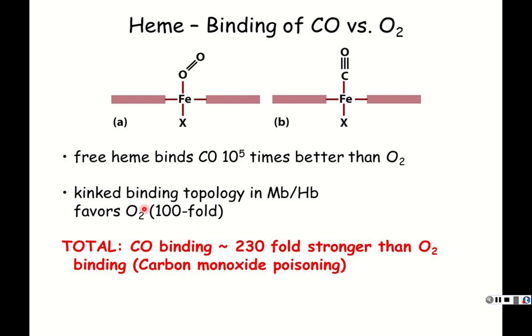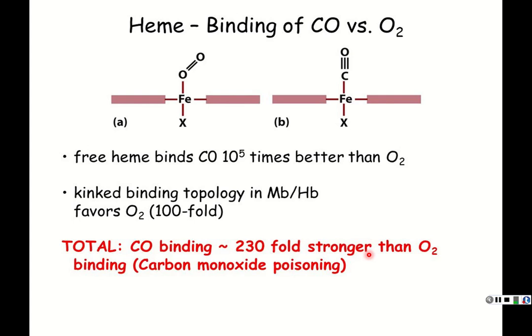This kinked binding topology actually does, sorry, I misspoke earlier there. It actually favors oxygen, so about 100-fold. The binding constant doesn't take that into account. So when you take that into account, the binding of carbon monoxide is actually only about 230-fold stronger than O2, right?